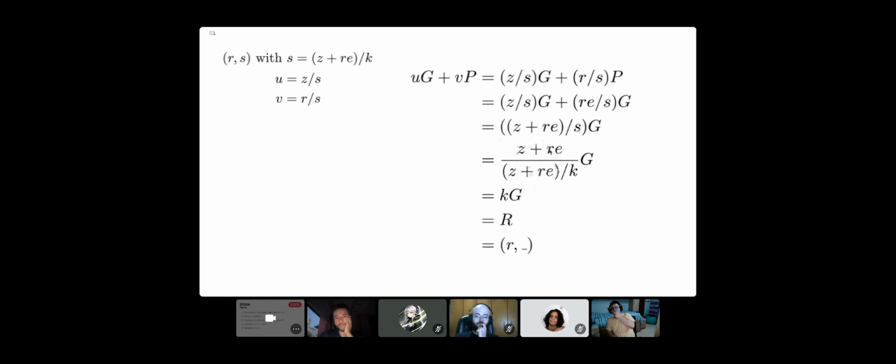So sorry, e, which is my private key, will disappear from the calculation. So I, as the validator, will not have access to e in any way. And it will remain K times G, which I know is defined as big R, which I know gives me little r. So what's the idea here?